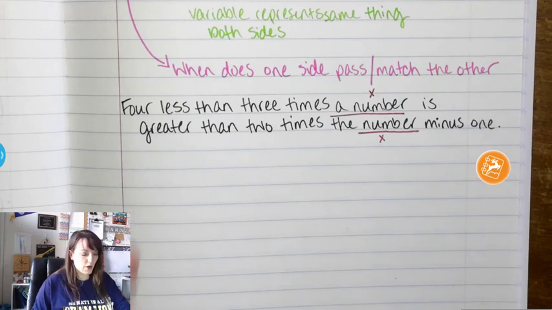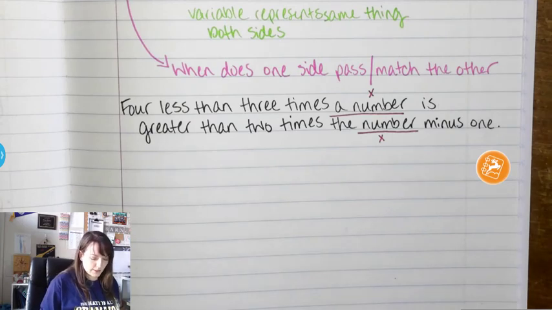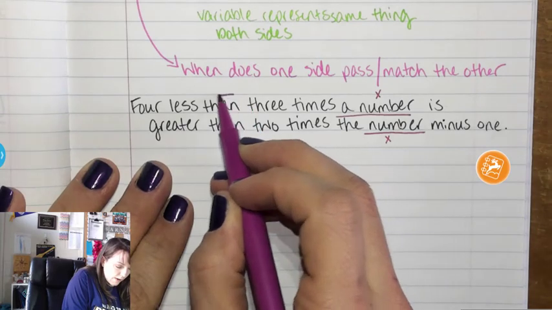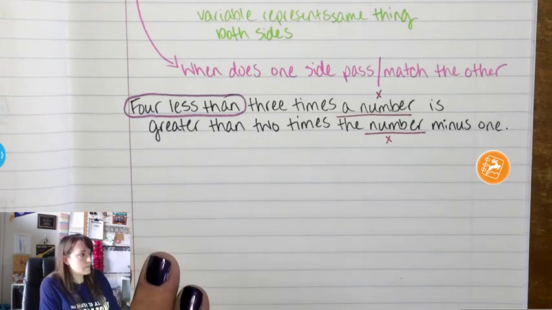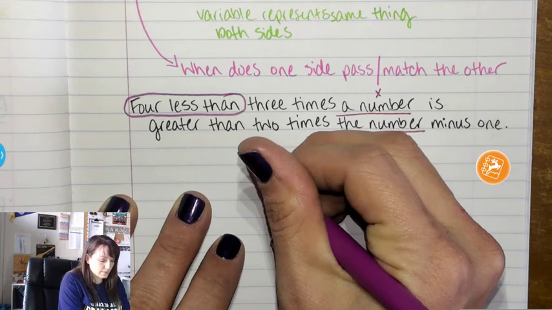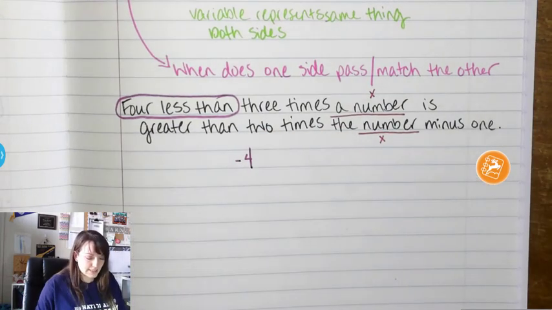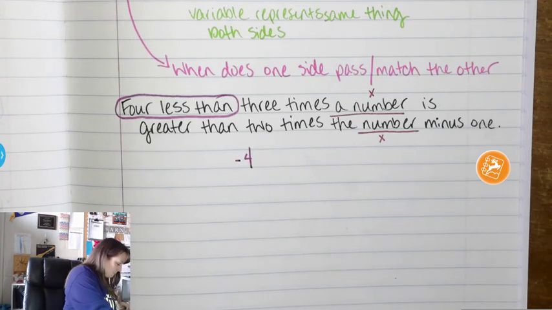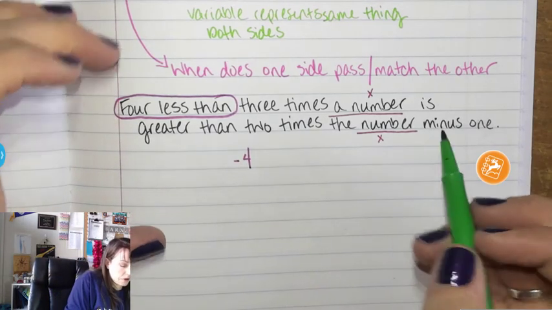Now I have to decode what it says and write it as an inequality. So I have 4 less than. What does that mean? So this 4 less than means minus 4. Not 4 minus. 3 times a number. What does that mean? Times what? Say it again. What times 3? 3x.